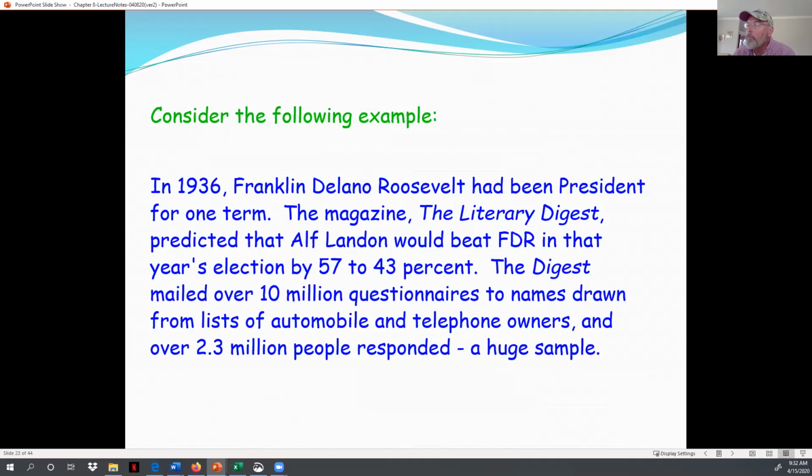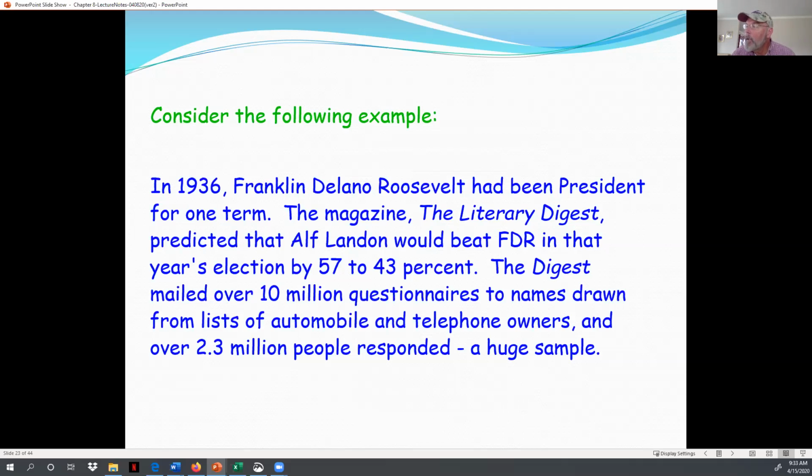He was probably the Republican, as Franklin Roosevelt was the Democrat. And the magazine, the Literary Digest, predicted that Alf Landon would beat FDR. They even thought that the election would be very weighted toward Alf Landon winning, 57 to 43%.